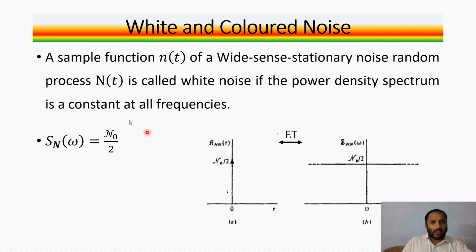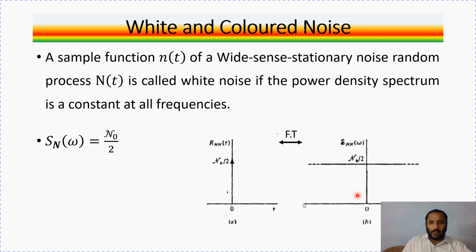Now this is the PSD, power spectral density of white noise. Now if you take the inverse Fourier transform of the PSD, that is the power density spectrum, we normally get the correlation function, the autocorrelation function in this case, Rn of tau.